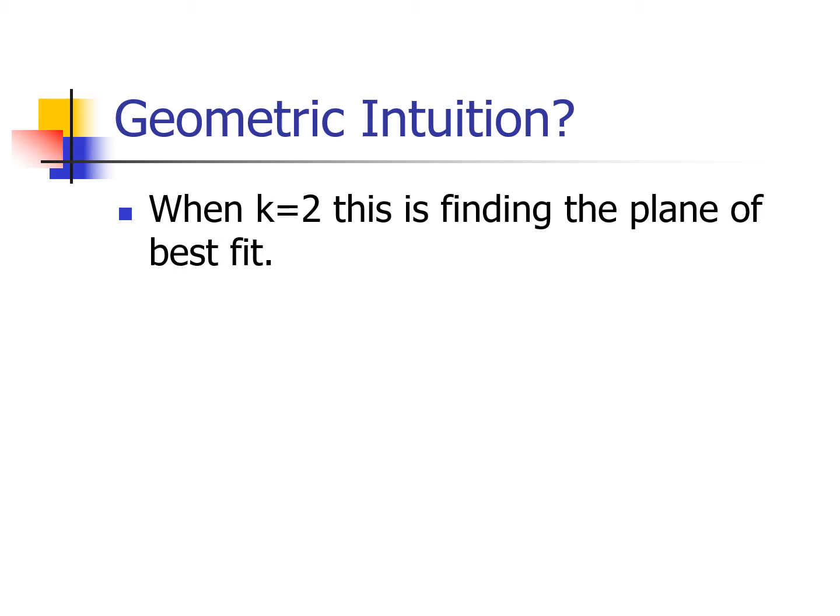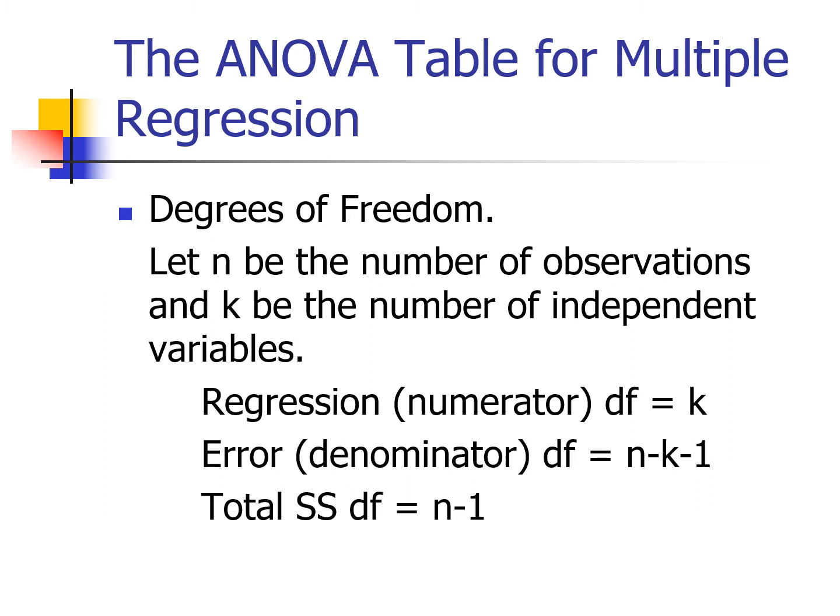When k equals 3, we don't even have the ability to use our imagination anymore. Nonetheless, all the mathematics still translates over. We still have an ANOVA table. It works largely the same way. One of the very few changes is in the degrees of freedom.